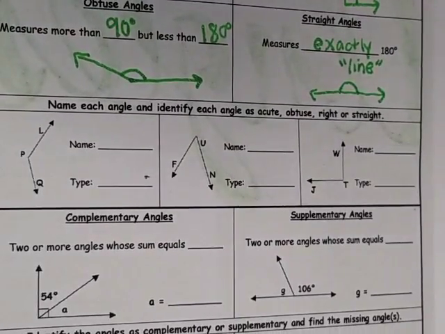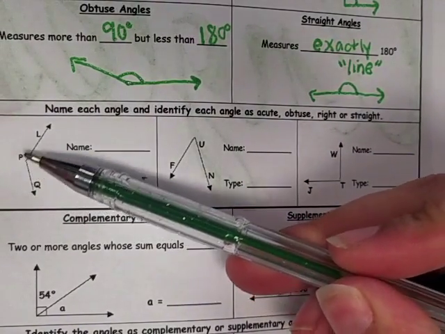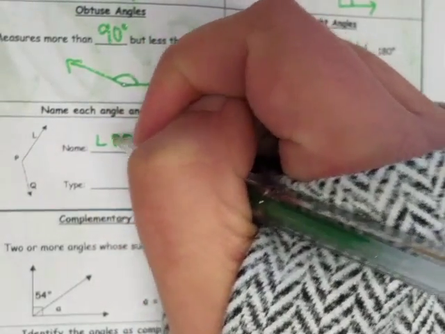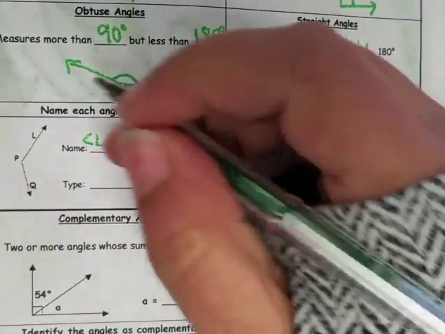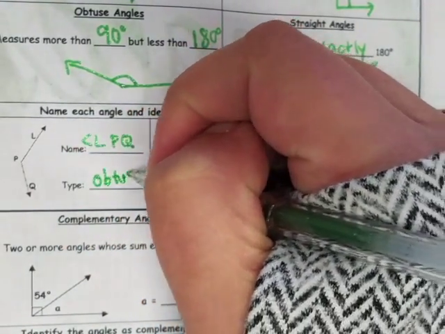So down here, we're going to do some naming. The name of this angle is LPQ or QPL. And the type, it looks like it's greater than 90, so I'm going to call this obtuse.